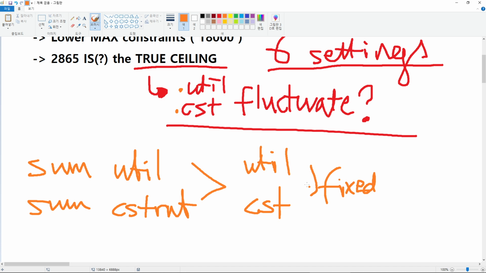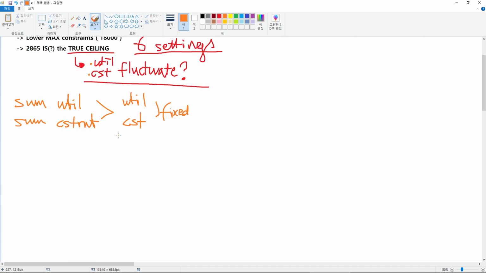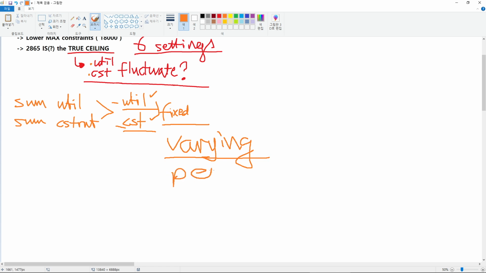So here's the thing: when the evolution iteration was being carried out, any one or all of these 2 sets of values could have been varying per generation.